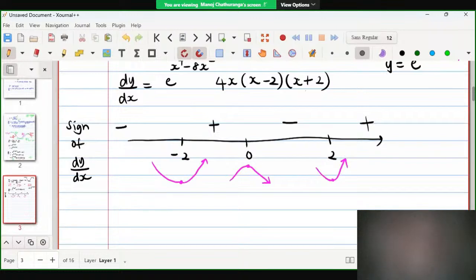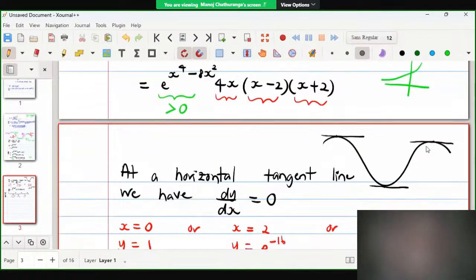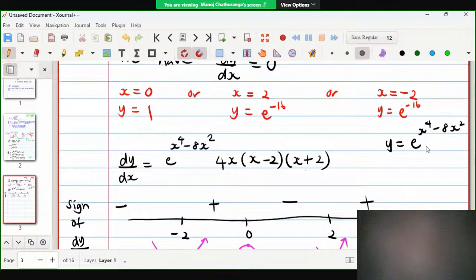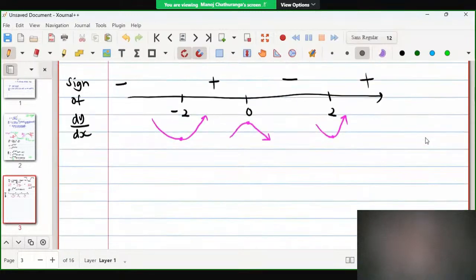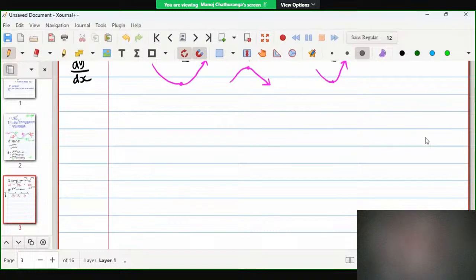Negative 2 gives you not only a horizontal tangent line, it is a local minimum. If you want, I can sketch the graph of this function.